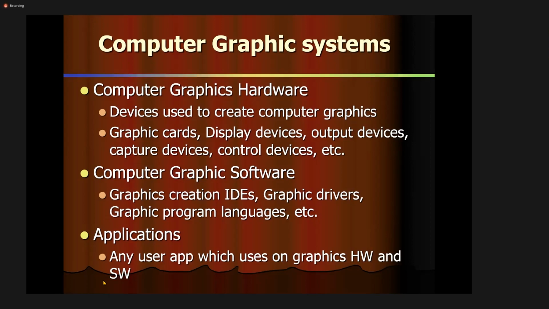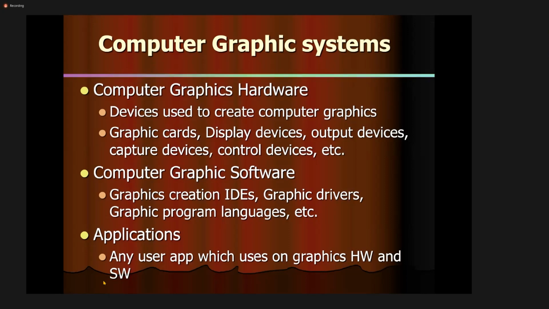The computer hardware gives the fundamental elements to produce the computer graphics. The devices are there, like display devices and card-type processing devices. So the graphic card, display devices, output devices are available there.